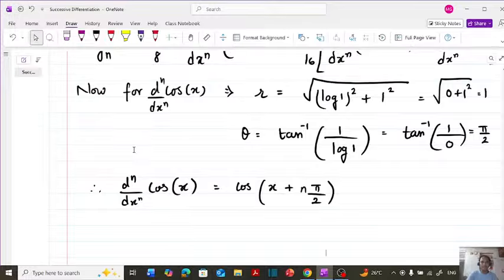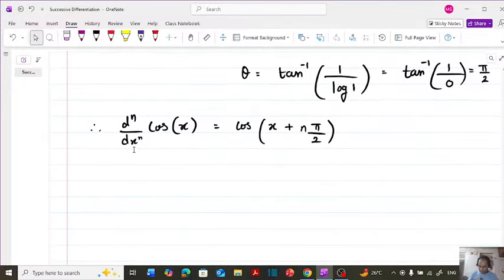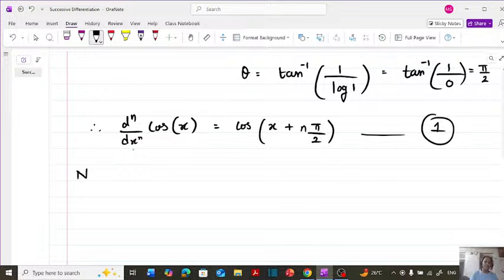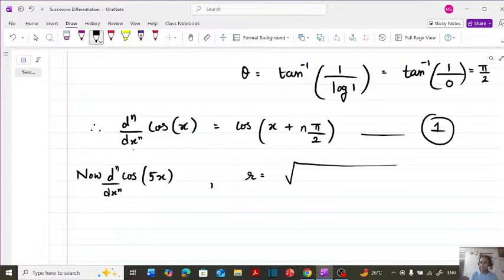And then the same way we will calculate for cos 5x. So this is our first portion. My first equation is ready. Now we calculate the nth derivative for cos 5x. When I am calculating for this, what is going to be the radius? It is log of 1 whole to the power 2, and then here it is 5 squared.